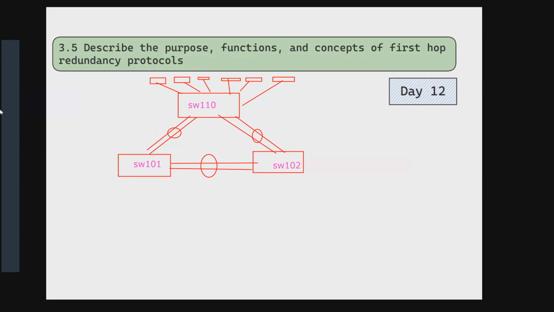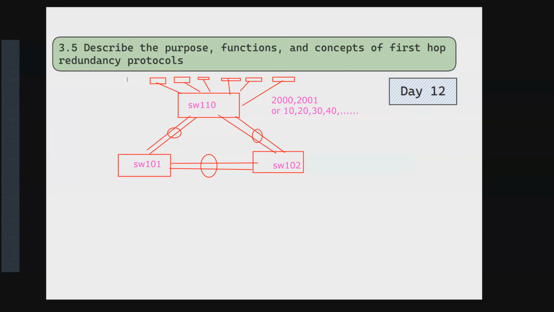Now we know that we are creating some sort of VLANs. So maybe VLAN 2000, 2001, or maybe VLAN 10, 20, 30, 40, etc. These VLANs we are creating on the access switch, right?